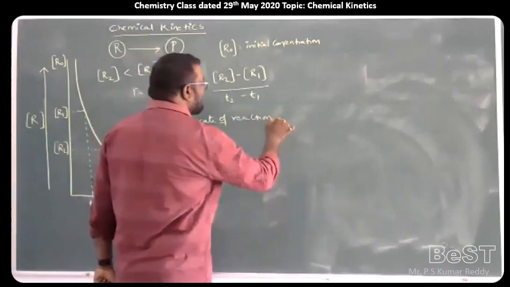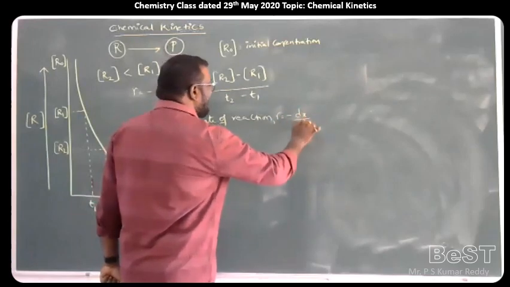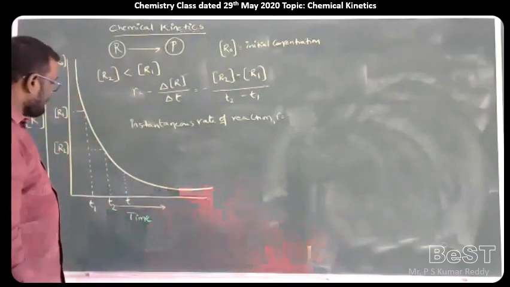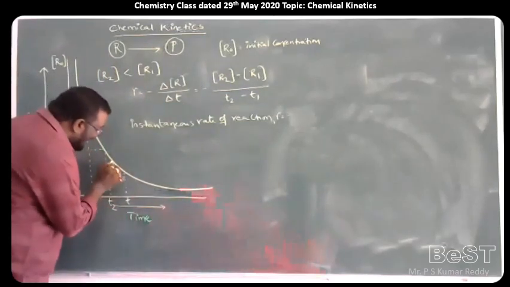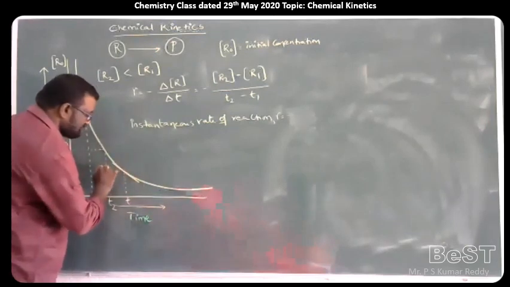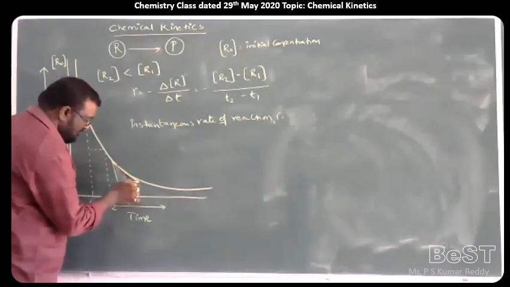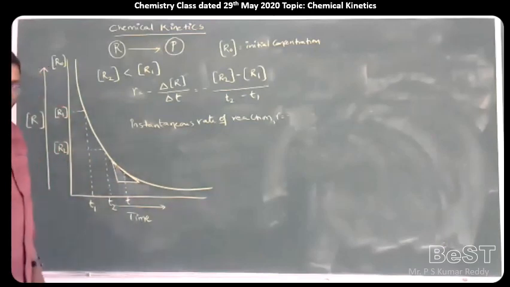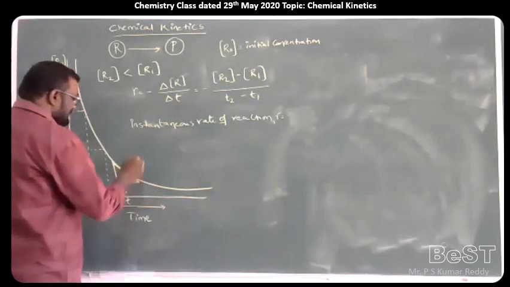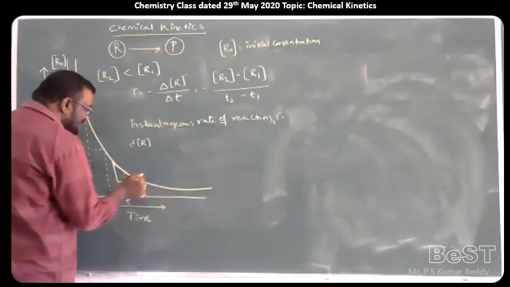Instantaneous rate of reaction, which generally we show as minus dx by dt. But why is it minus dx by dt? Let us see here. We can prove it here. So for that, I am drawing a tangent. Here, this is dr, and this is dt.